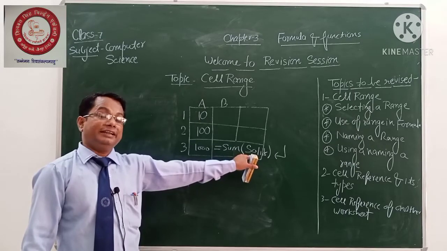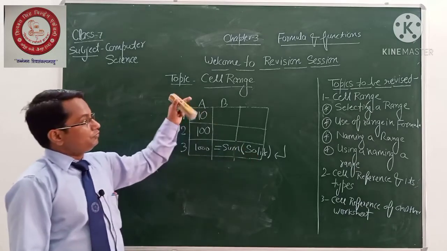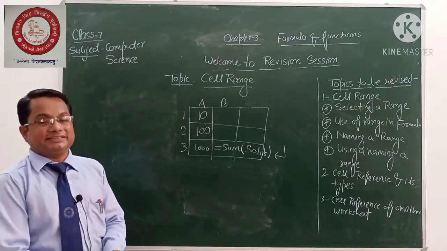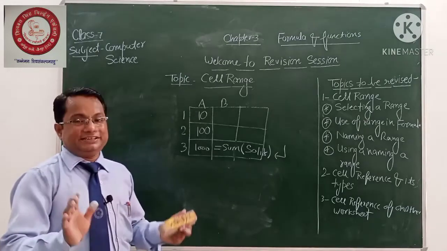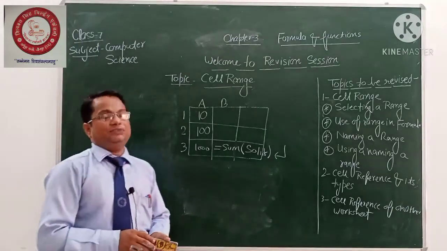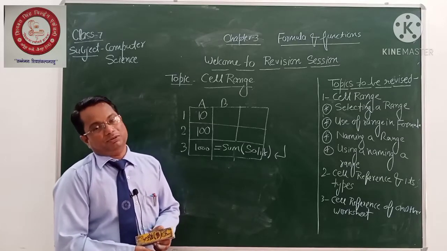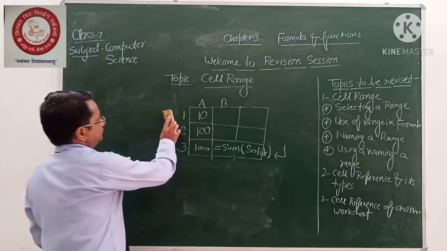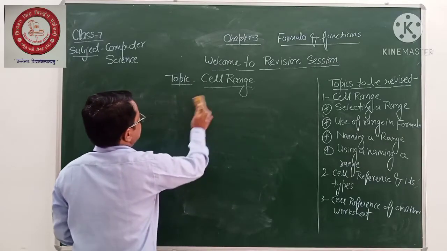You can use the name which is already given by you. So this is all about your cell range, and I am sure you are able to understand each and everything. But if you still have any kind of doubt or problem, you can come to me. Let me raise the board and come to the next topic.